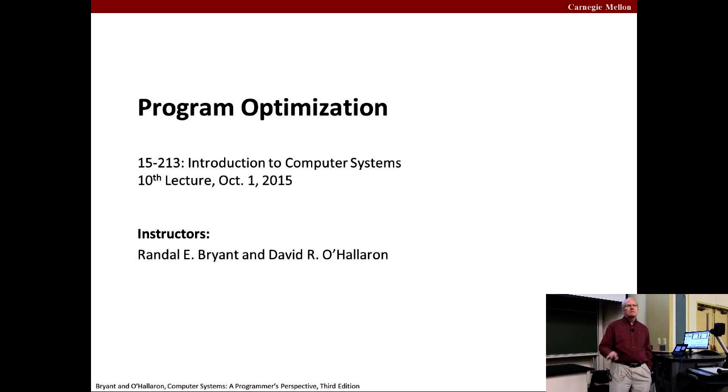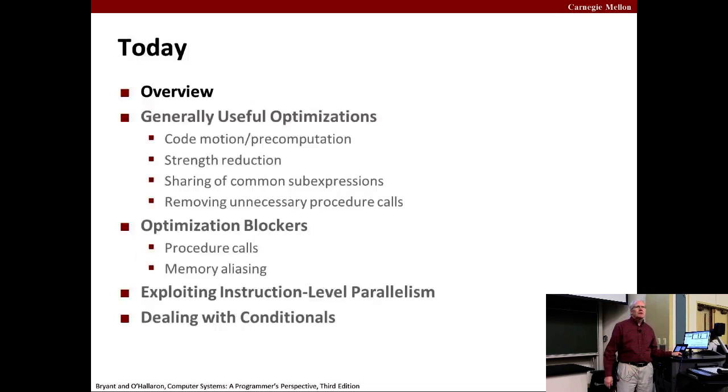Given that I know what algorithm I'm using and I've perhaps gotten a program that runs, how can I make it run faster? And one of the themes is you can do this in layers.